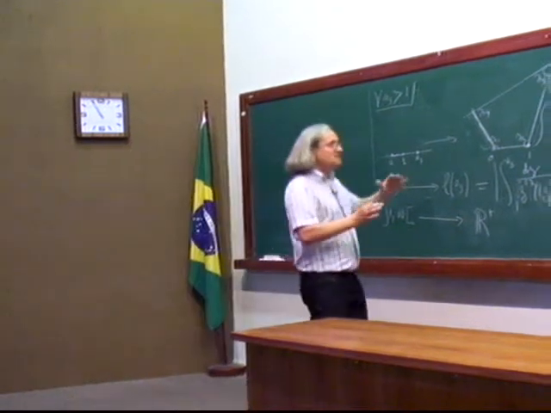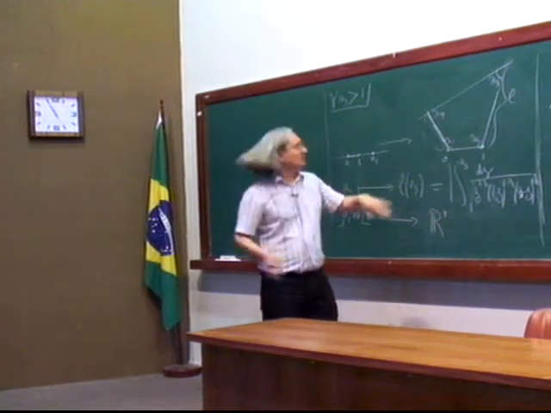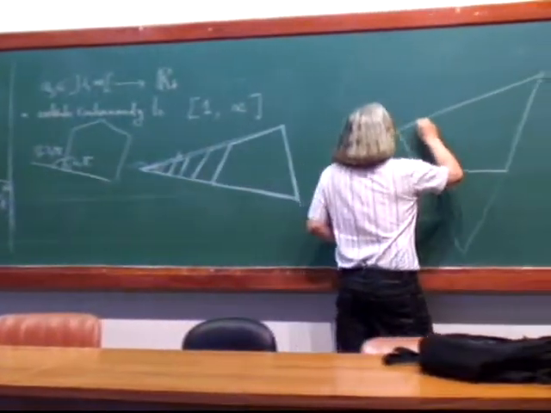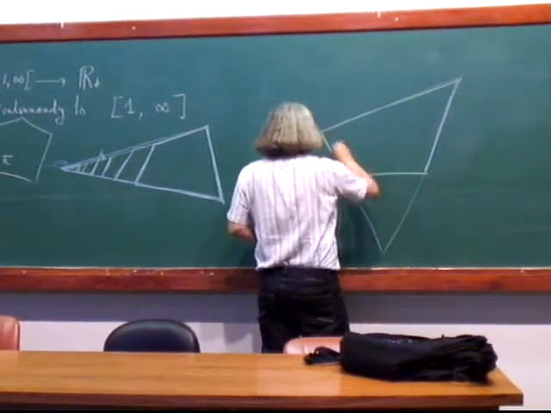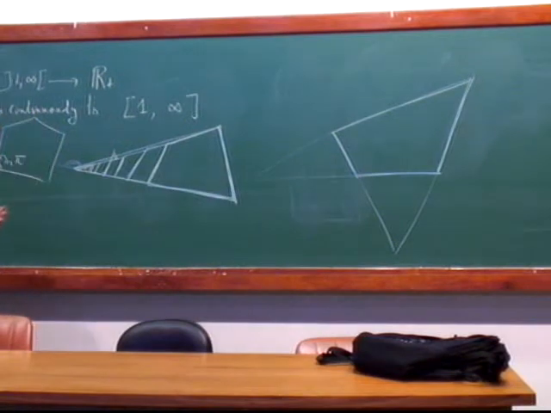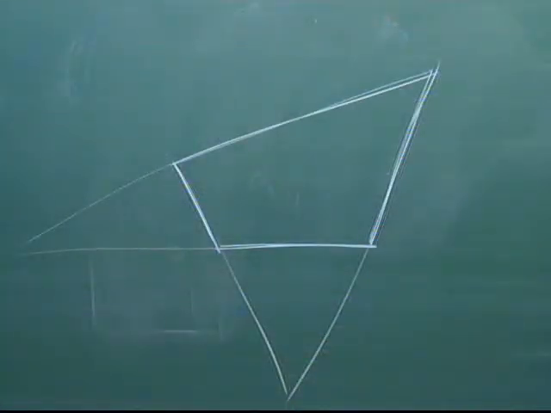What do you mean? Well, everything is defined up to homothety. So you have this quadrilateral, and you look at the space of quadrilaterals having those fixed angles. That space.